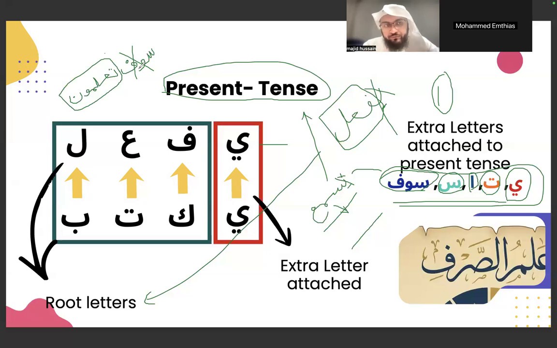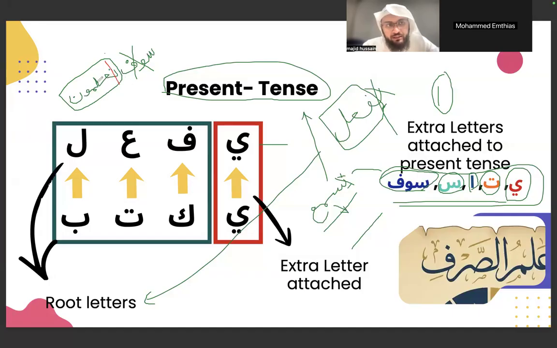So the only word left with me now is ta'lamun. The first letter of it is ta, right? And it's also part of the extra letters, so I remove it.